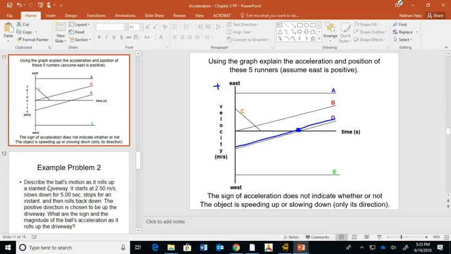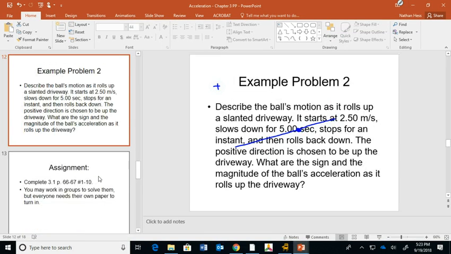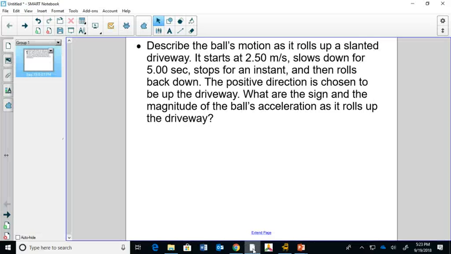If you look at the example problem number 2 that's there on page 66, you can see that we're looking at a ball that's rolling up a slanted driveway.